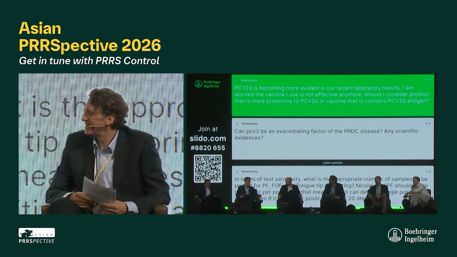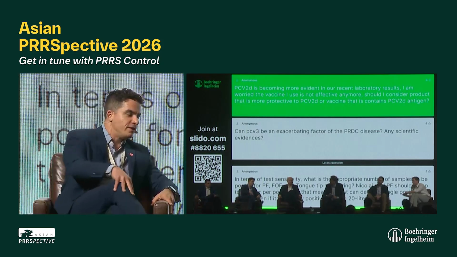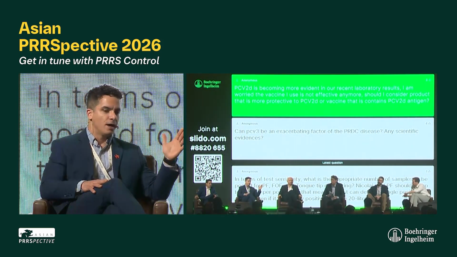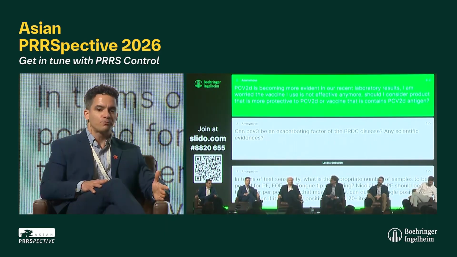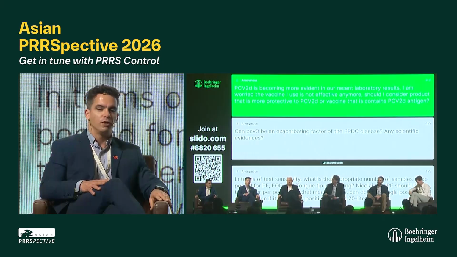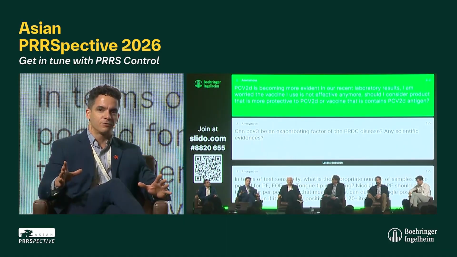Yeah, I think two parts, right? One, all that evidence that I showed earlier shows that the PCV2A vaccine is able to offer cross protection against PCV2D and other genotypes. So that's one thing.